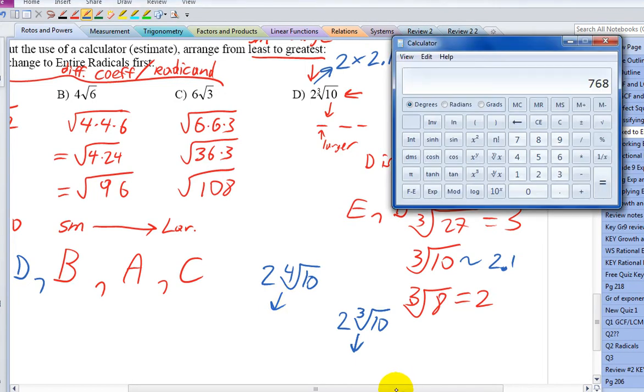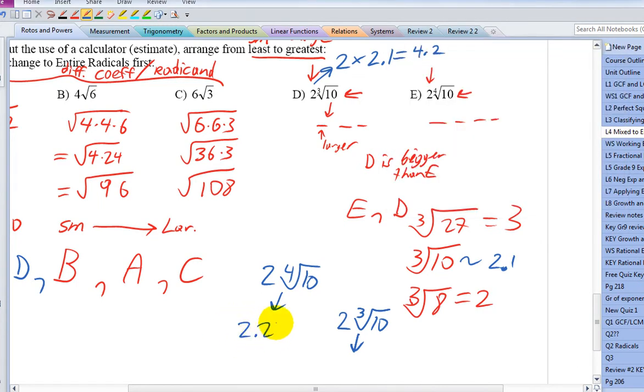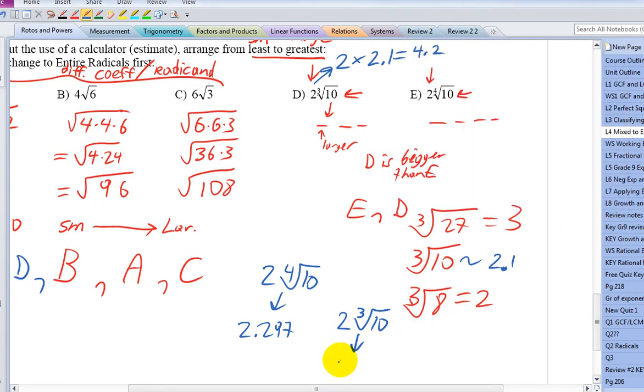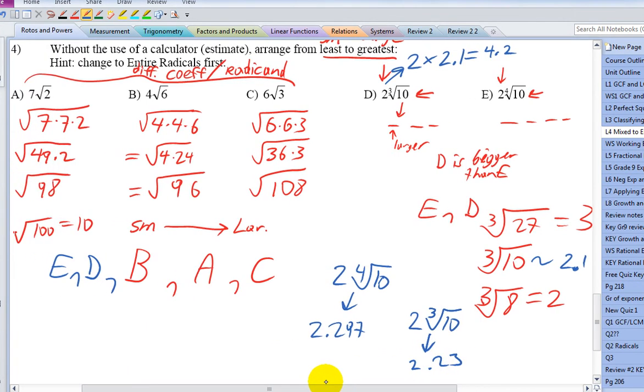Everyone do this. 2.297. And what's the other one? 2 times the cube root of 10. 2.23. I have these ordered backwards, don't I?